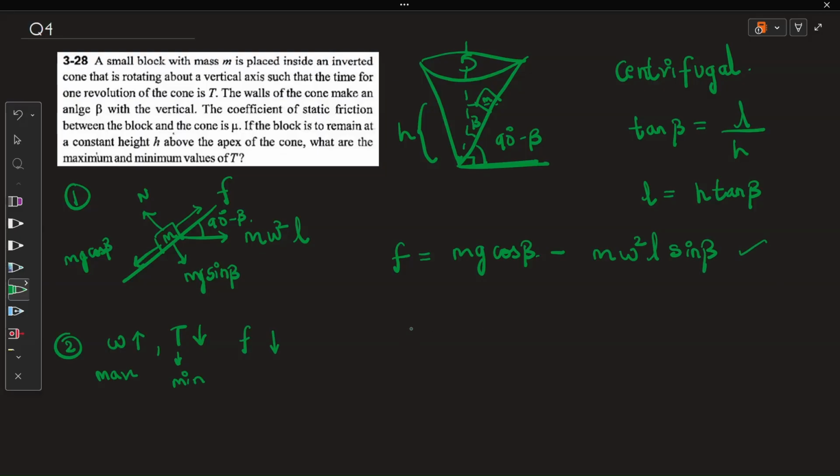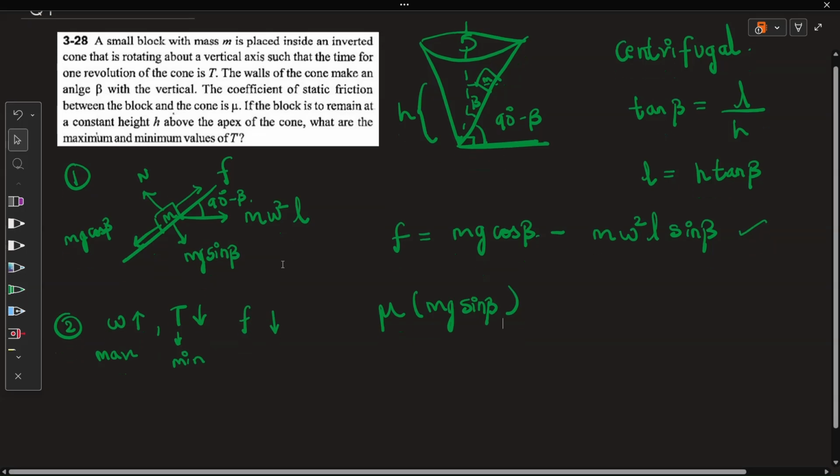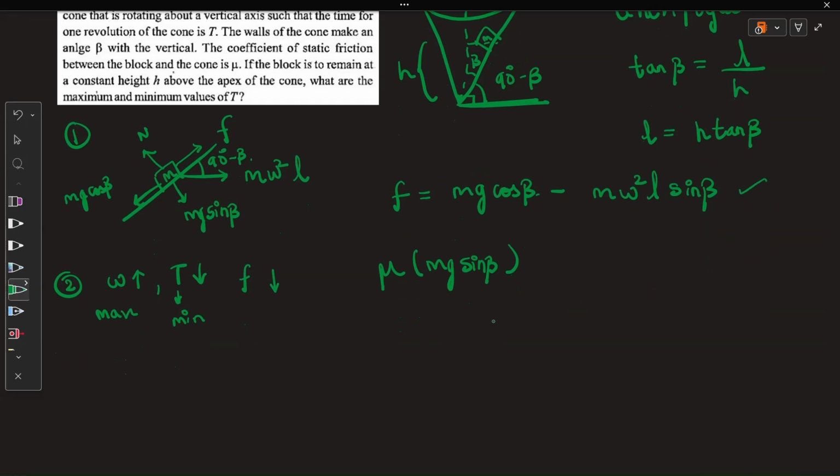This is the correct part. For the friction, they will write mu into mg sin beta directly. While writing the free body diagram itself, they will write mu into mg into sin beta. But they won't consider the component of the centrifugal force perpendicular to this plane. That is an important point of common mistake.